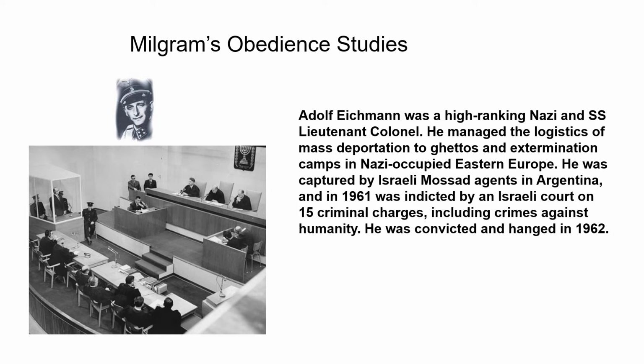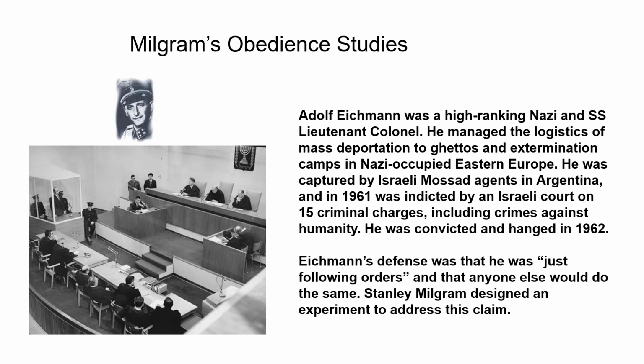But his defense was, this defense you hear all the time, I was just following orders. And this gets us to the Milgram experiments, because Stanley Milgram wanted to know, would other people do the same in a similar circumstance?